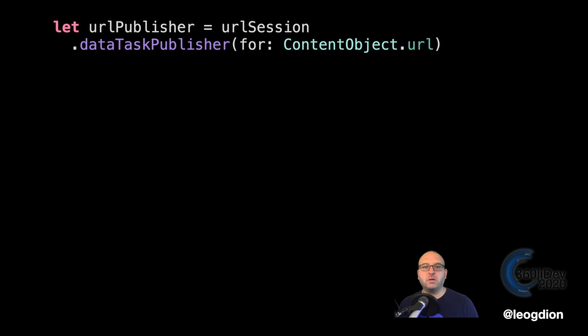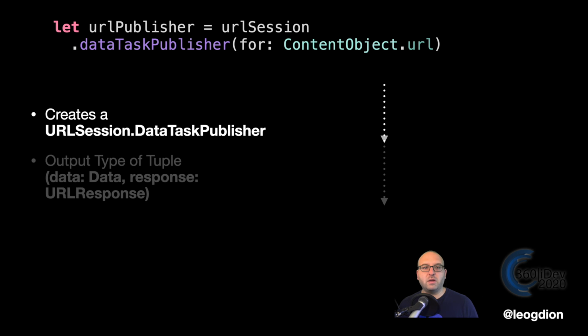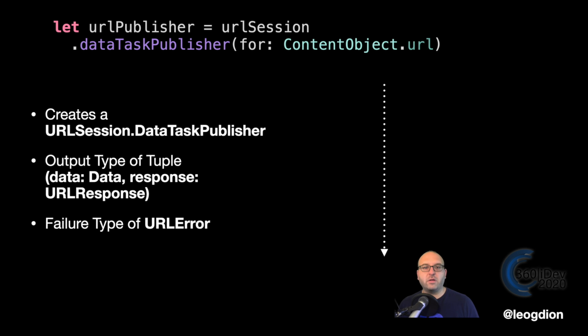Data task publisher takes in a URL, which is what we're going to be calling, and what it does is it creates a data task publisher. This data task publisher has an output type of a tuple, which contains a data and a URL response. It also has a failure type of URL error, in case there's any issues downloading the data.